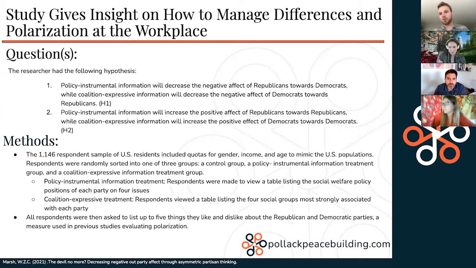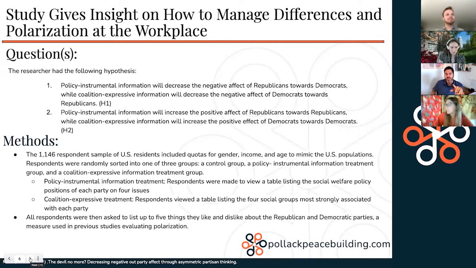And I just wonder how much thinking about what you would like about the opposite party would help decrease negative affect. I bet you could come up pretty quickly with things you dislike, but you'd have to think a little bit longer about things you like, and that extra time would lead to, and specifically after being put on these treatments.